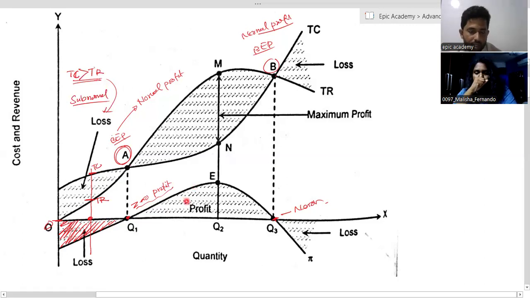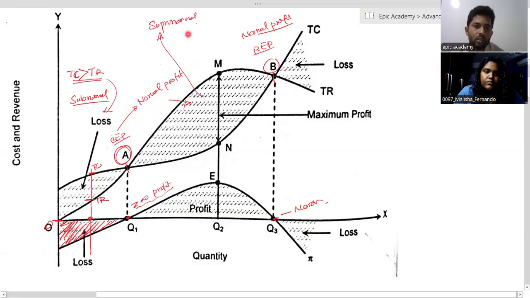Okay. And just consider this area. This area. Always between this break-even point and this break-even point, you can earn supernormal profit. Okay. At that point, you can identify the profit curve takes plus values, isn't it? This is a plus value. This is a minus value. This is also a minus value. It takes a plus value, something like that.